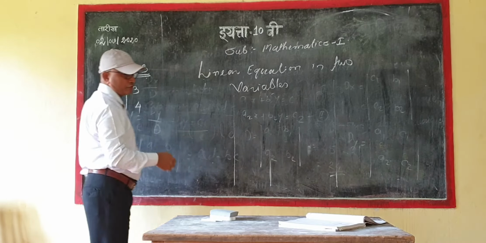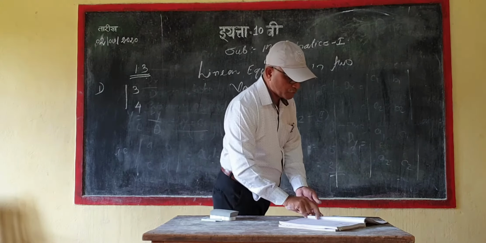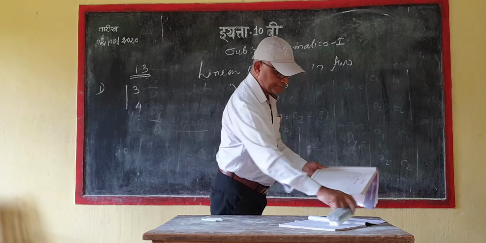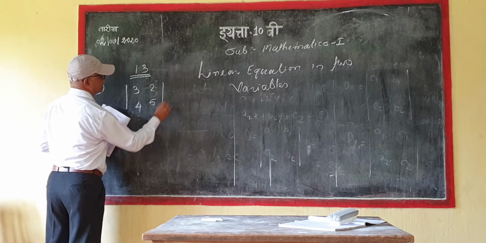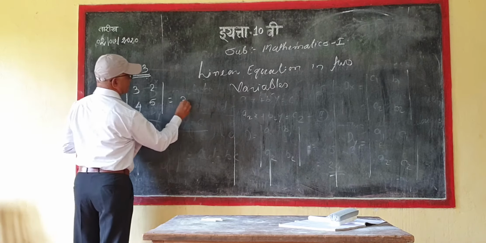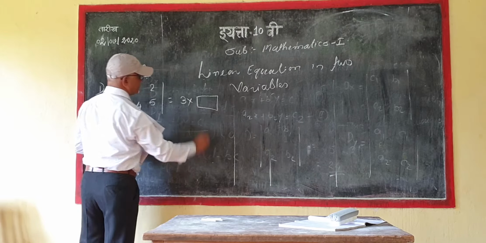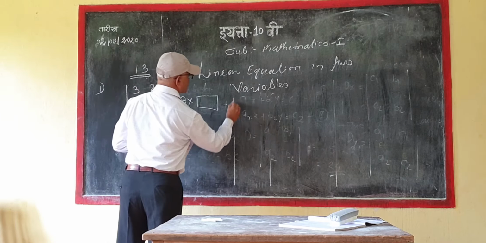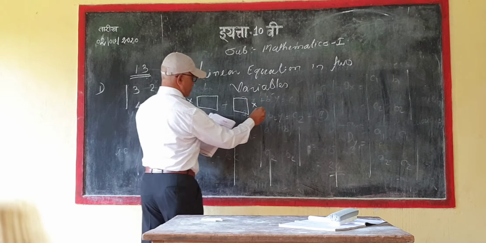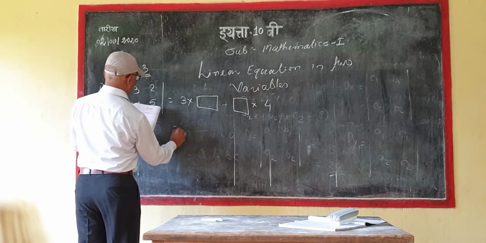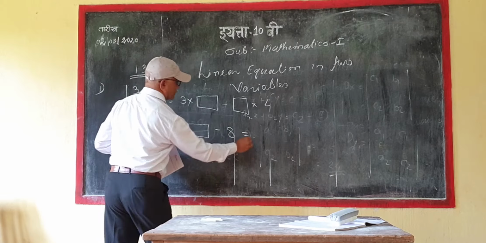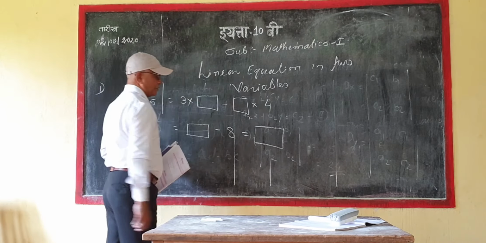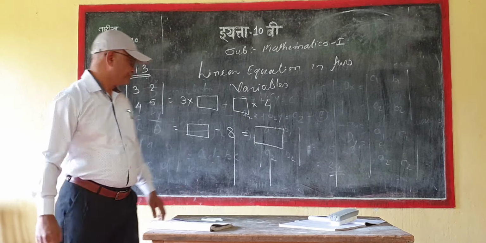Let us say the determinant 3, 4, 2, 5 is equal to 3 into blank minus blank into 4 is equal to blank minus 8 is equal to blank. Filling the blanks.